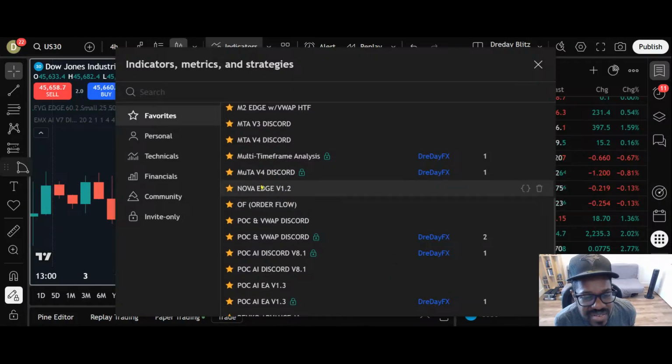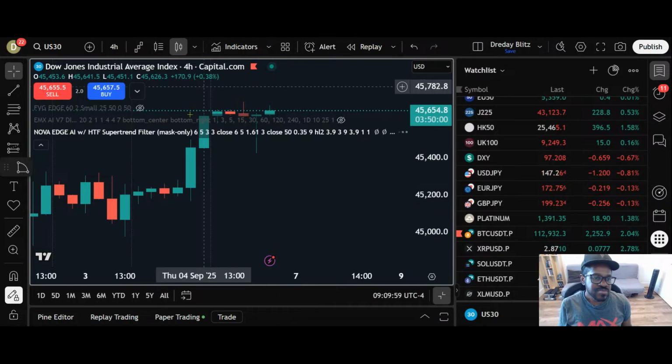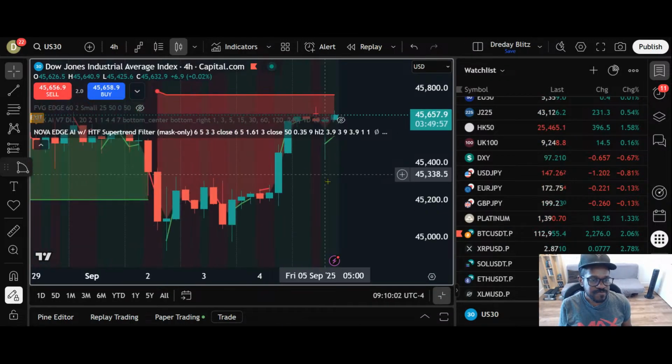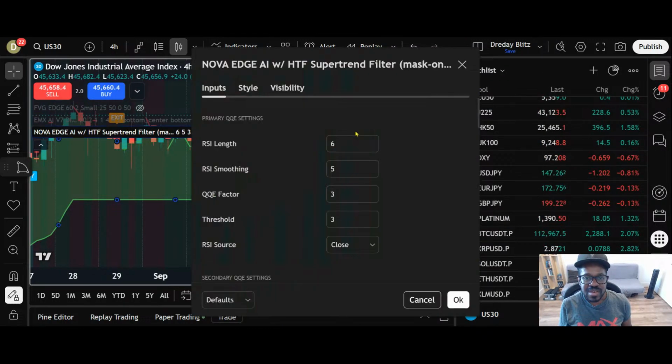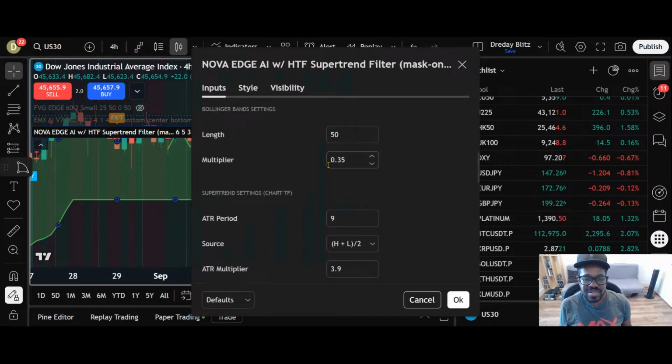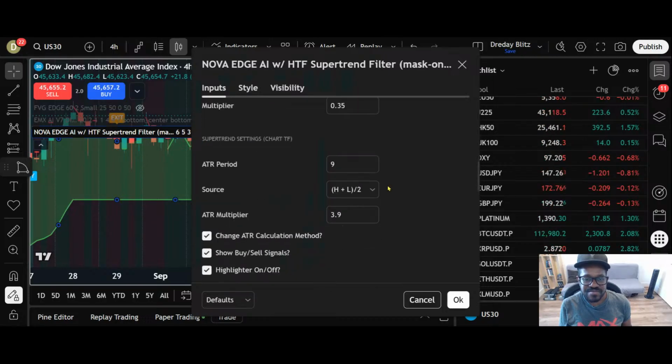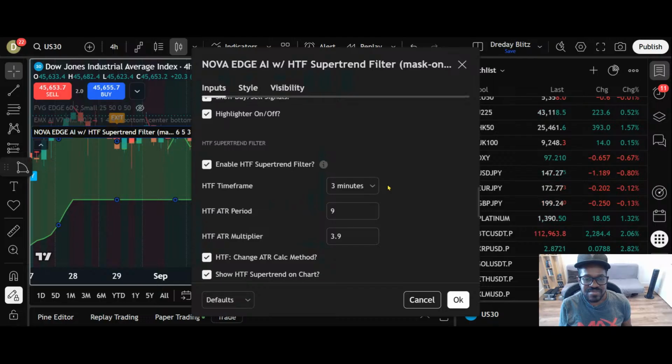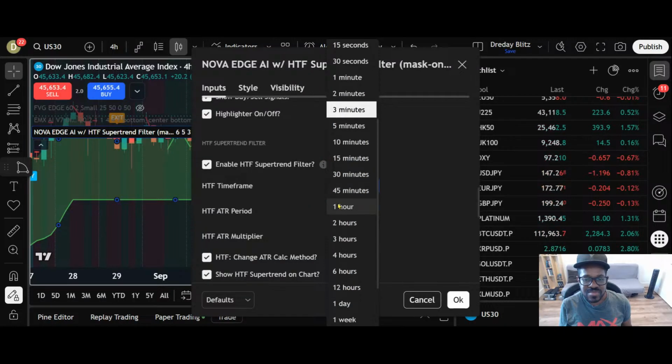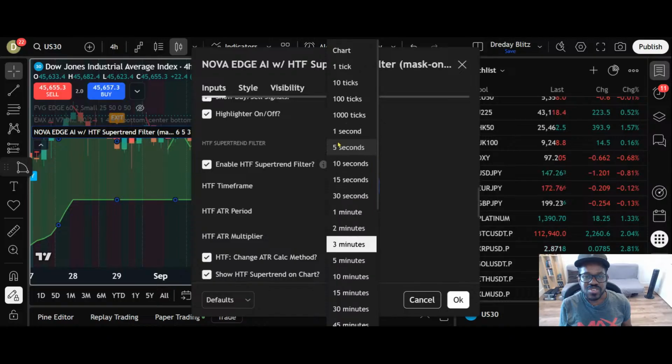Nova is here. Boom. And I put it on the chart time.